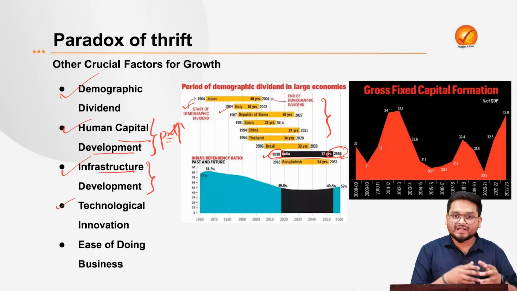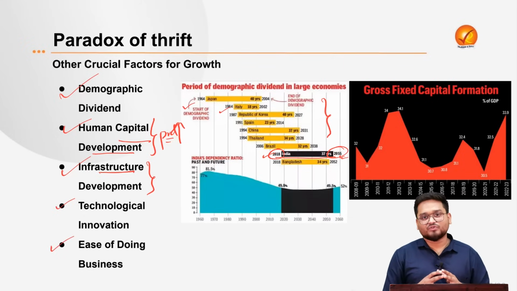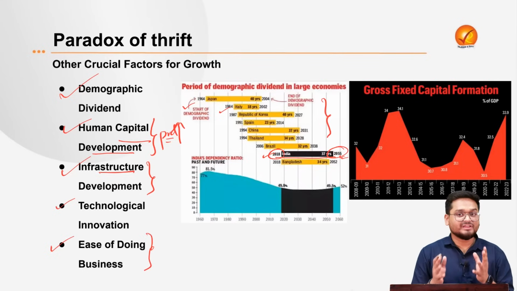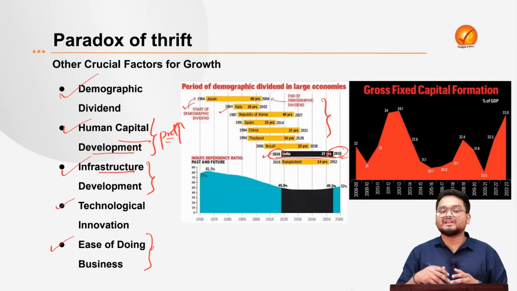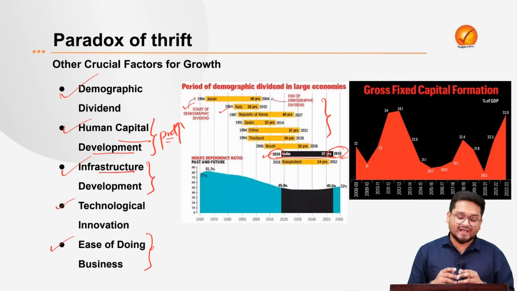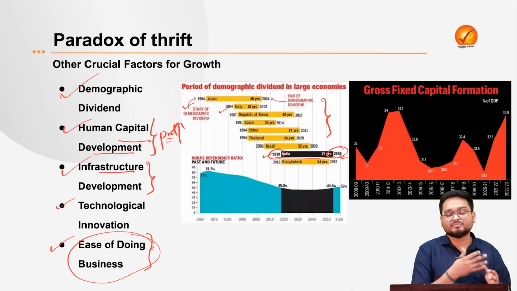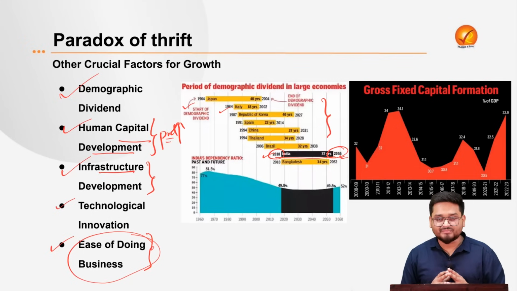It is focusing on technological development. And finally, the government of India also needs to focus on the ease of doing business in the country, because obviously using the savings, the business houses will be trying to increase their investment and their business operations, and for that the government must be reducing red tape, bureaucracy, and various rules and formalities when it comes to the setting up and also exit of business from India.